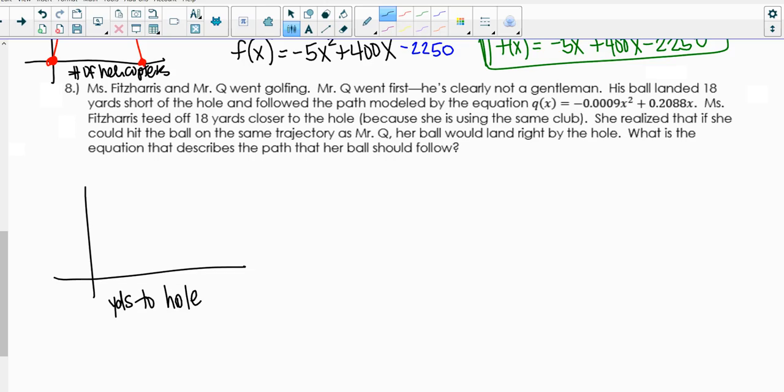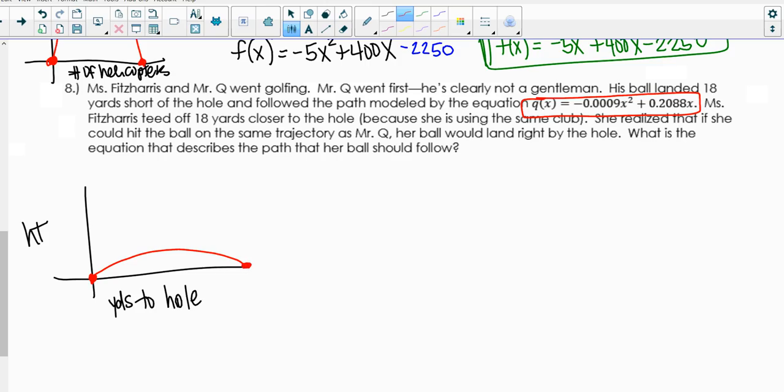And then it doesn't really say anything about what the y value is in this problem, mainly because we don't really need to know what it is. But let's just say it's height of the ball, just to give it something. Okay. Now, again, I know, given this, that my y-intercept is 0, right? It's in standard form. I don't have a c value. So obviously we're starting here and the ball is going and then landing.